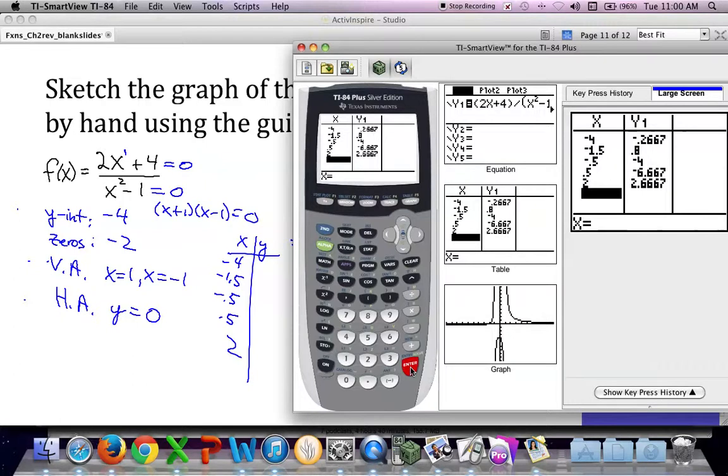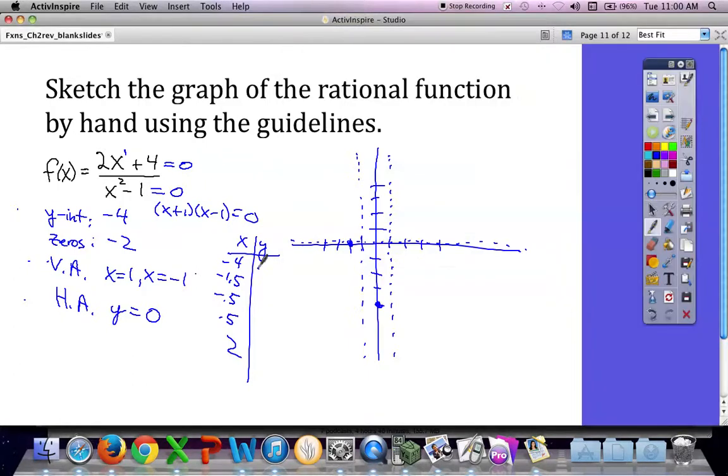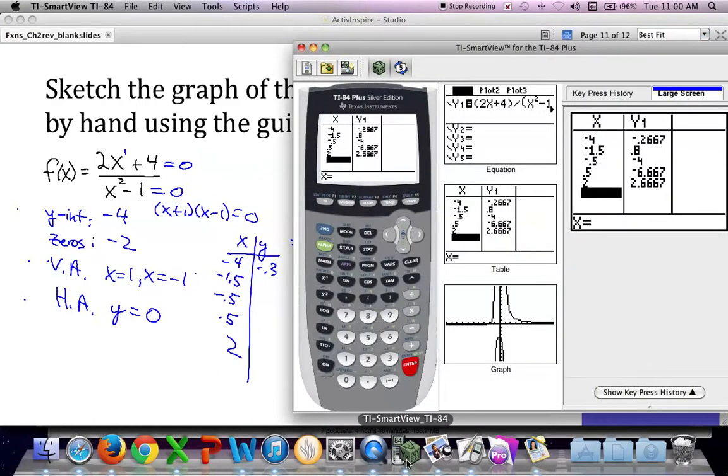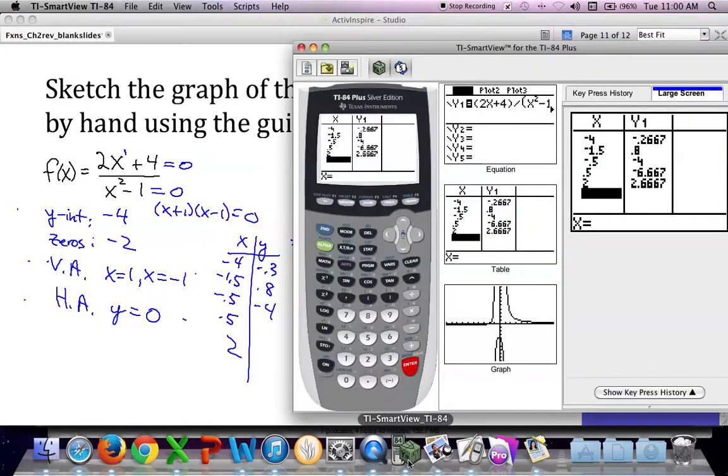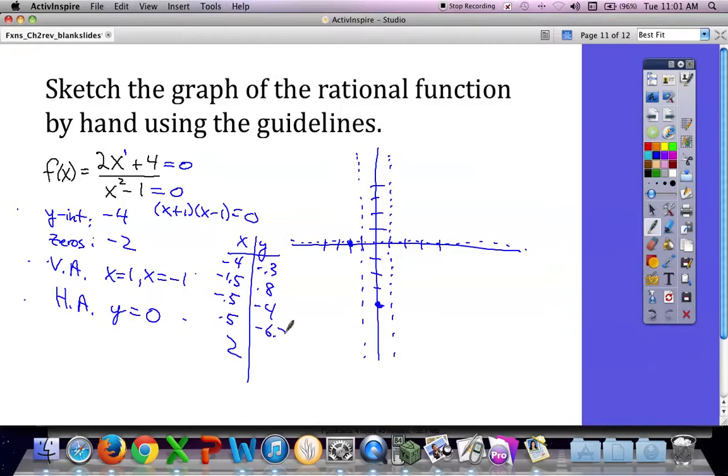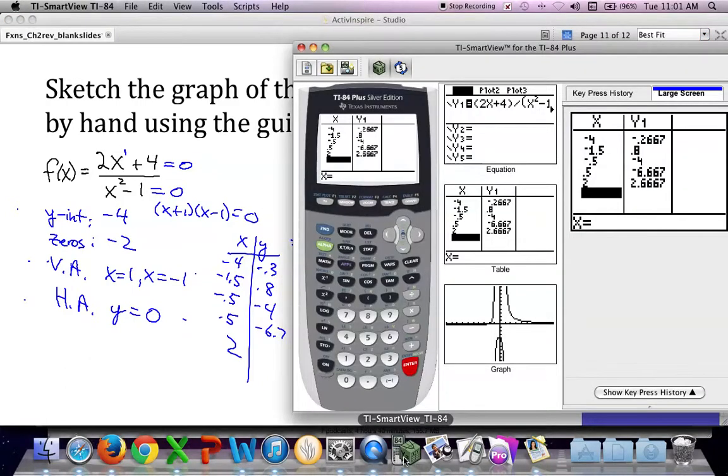That's negative, I'll say negative 0.3, negative 0.8, and negative 4.8, negative 4, negative 6.66, that's negative 6.7, let's say. And the last is 2.7.